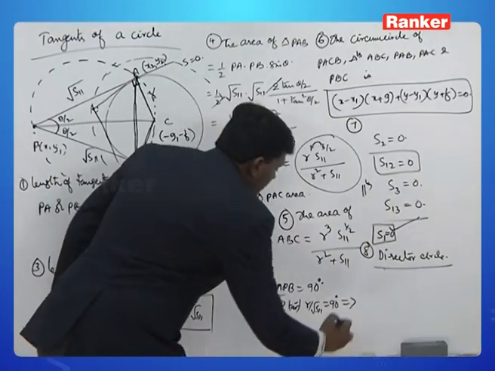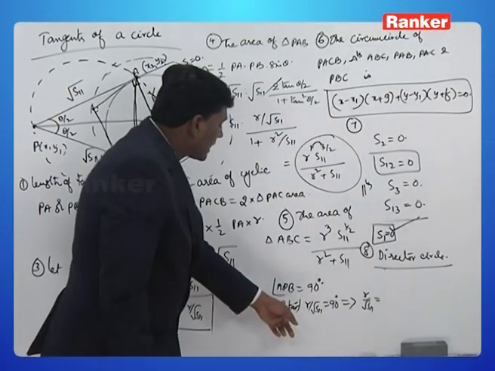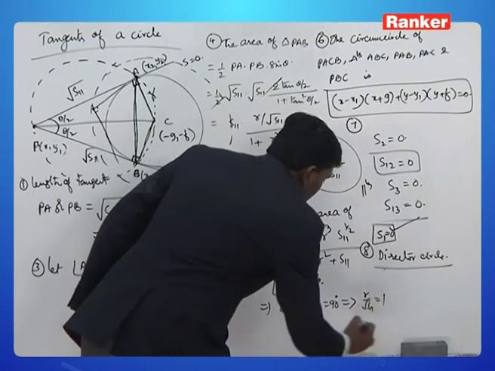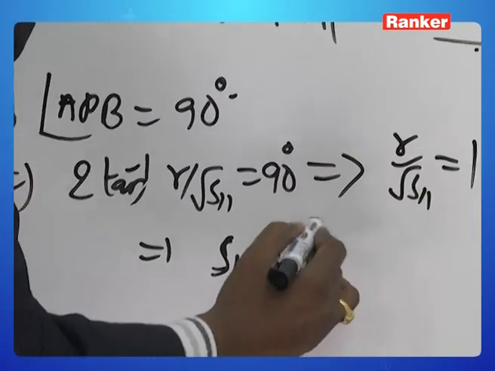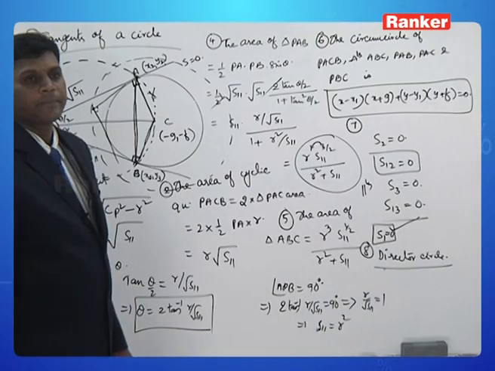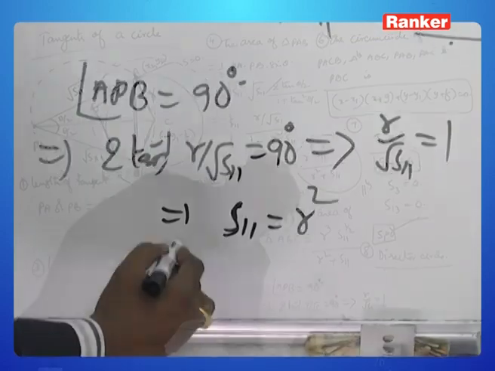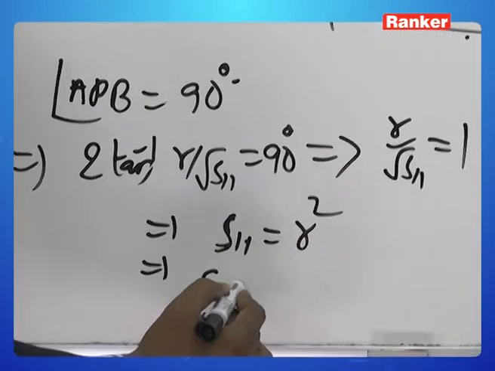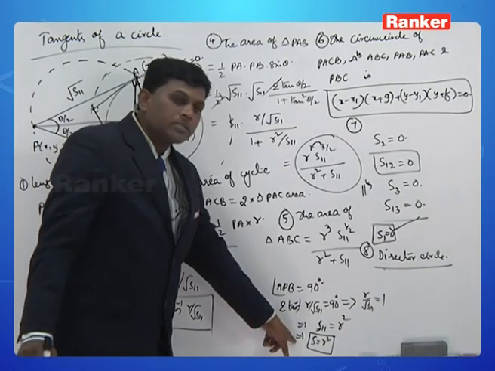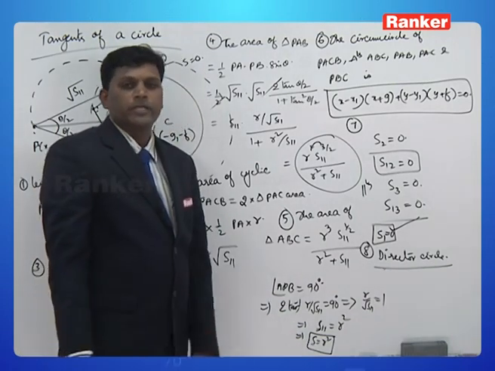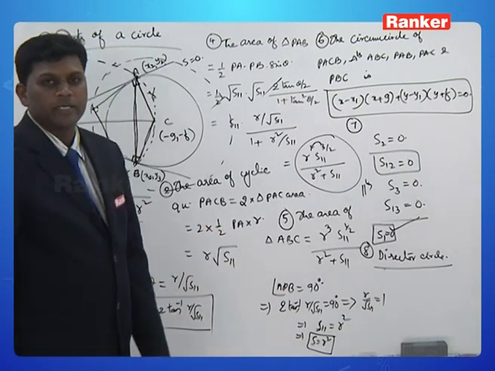Implies R by root S11 equals tan 45 degrees, which is 1. Squaring and cross multiplying, we get S11 equals R square. Now for the locus, replacing S11 with S, we get the director circle equation as S equals R square. So this is considered as the last point of this diagram.